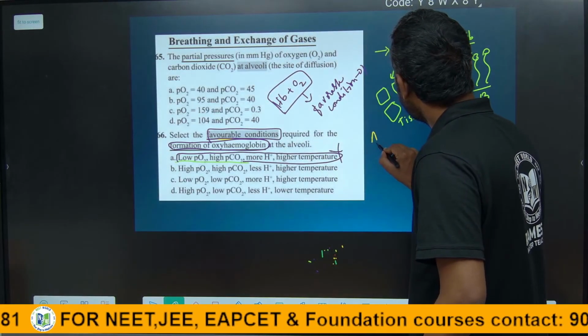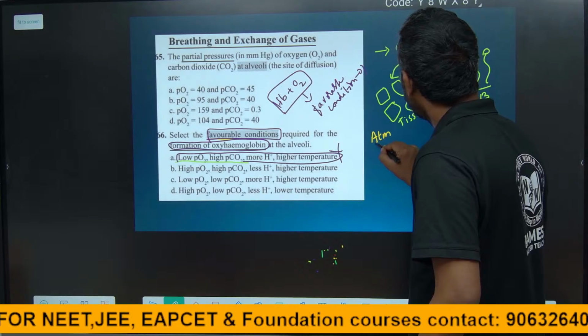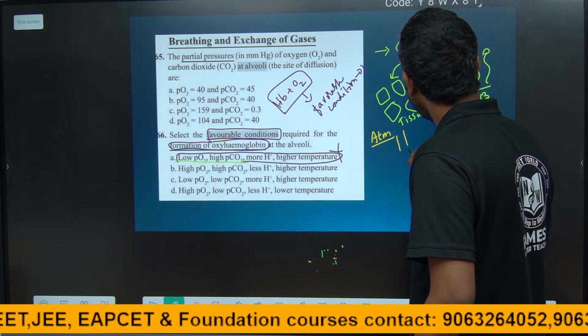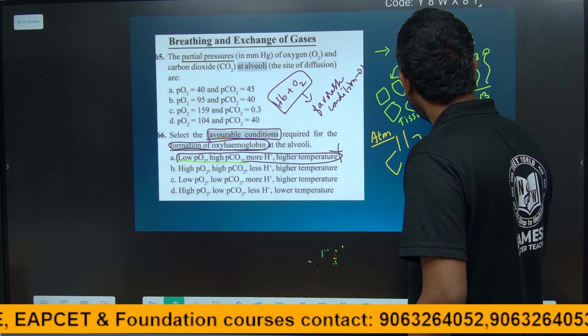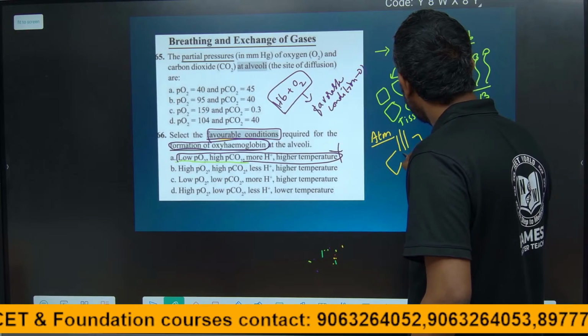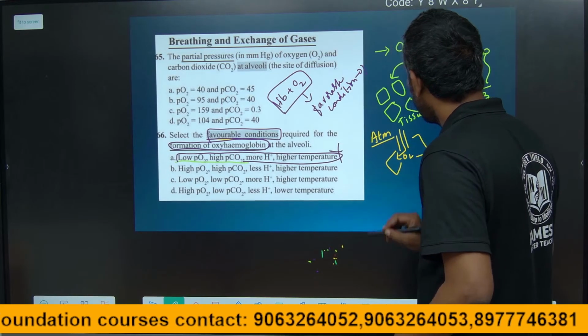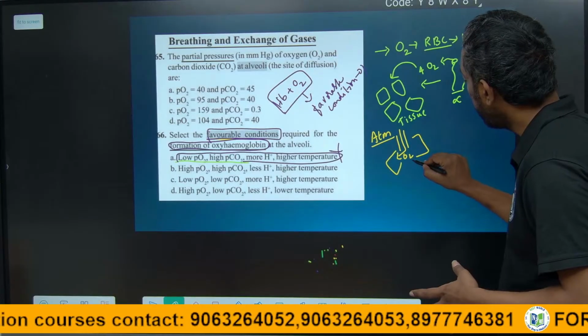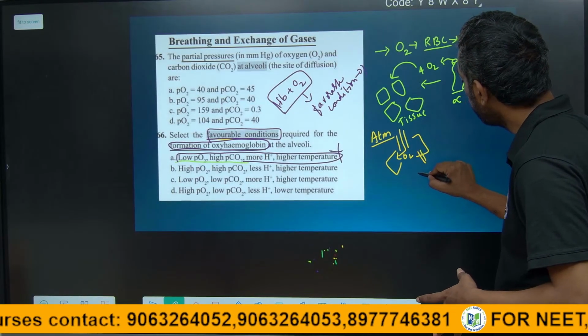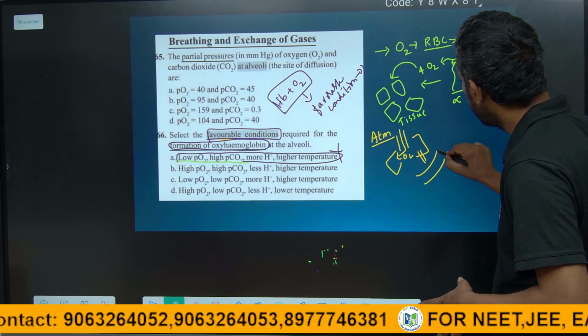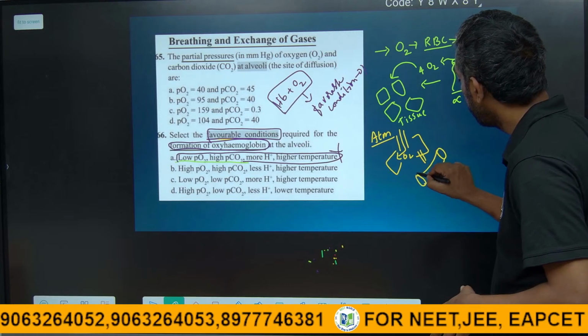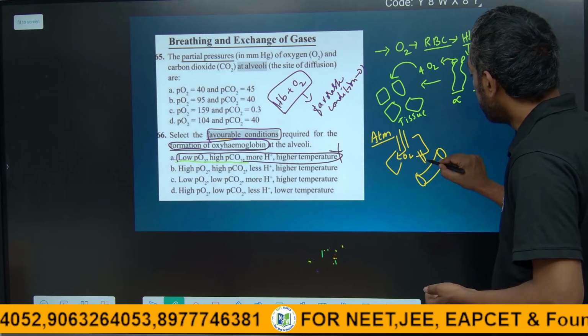Oxygen from the atmosphere can reach the lungs. From the lung alveoli, oxygen can finally reach the blood.